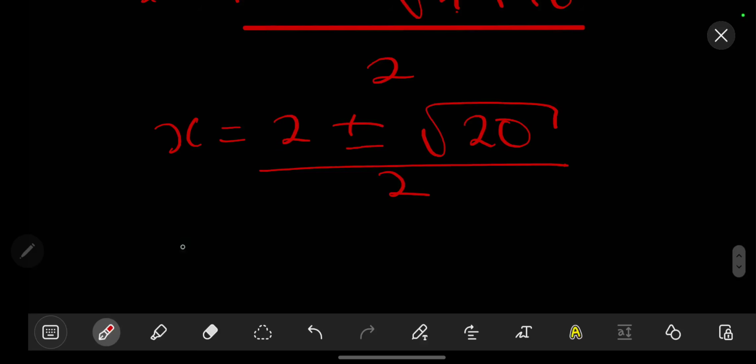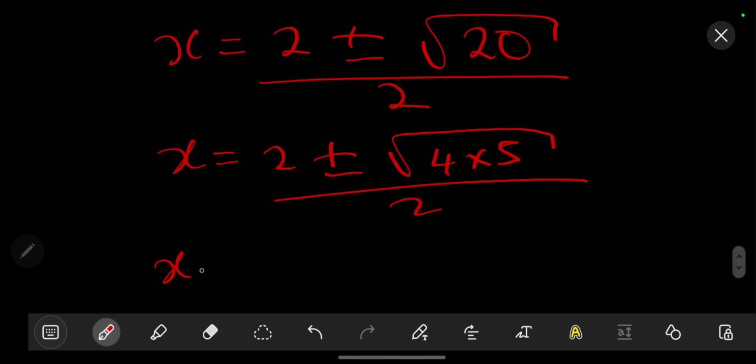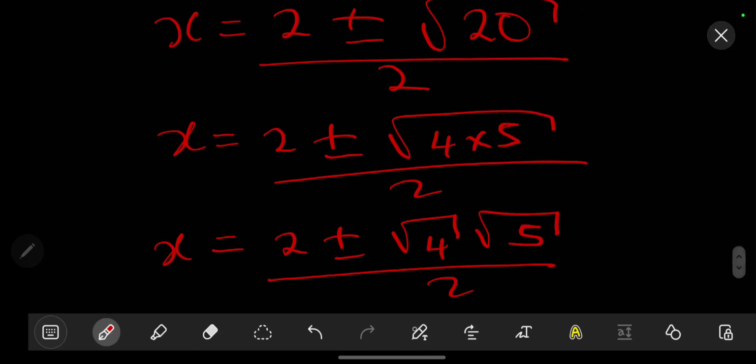Then x should be equal to 2 plus or minus the square root of 20, which is the same as the square root of 4 times 5, over 2. This is the same as the square root of 4 times the square root of 5, according to the properties of radicals, over 2.